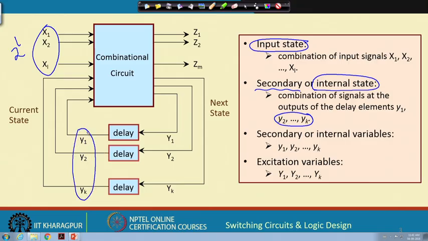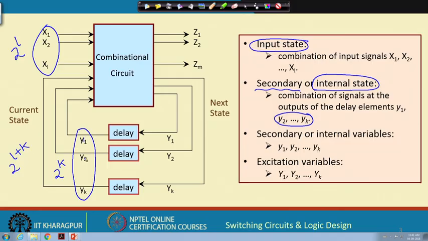There are k delay elements here, I am showing schematically. So, there can be 2 to the power k such internal states. Now, total states when you talk about, it will be 2 to the power L multiplied by 2 to the power k, 2 to the power L plus k.